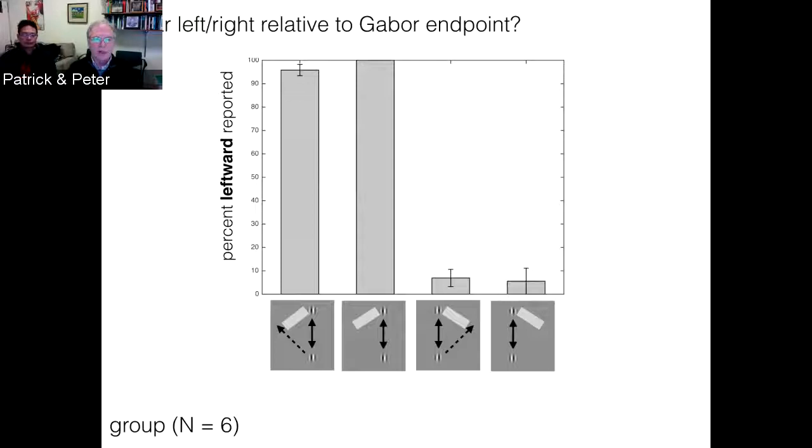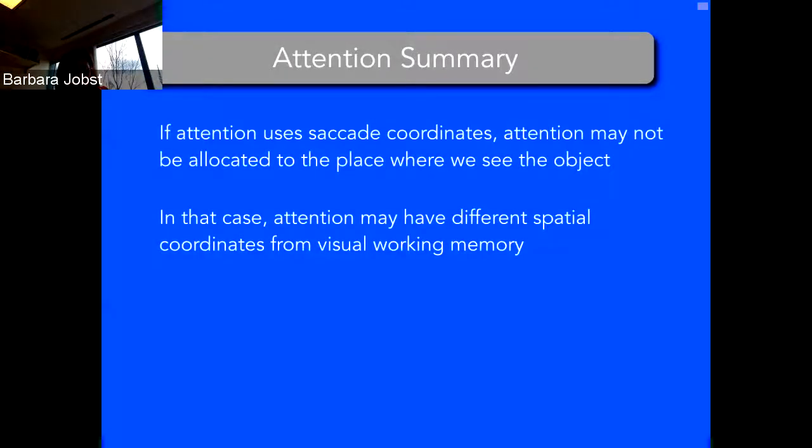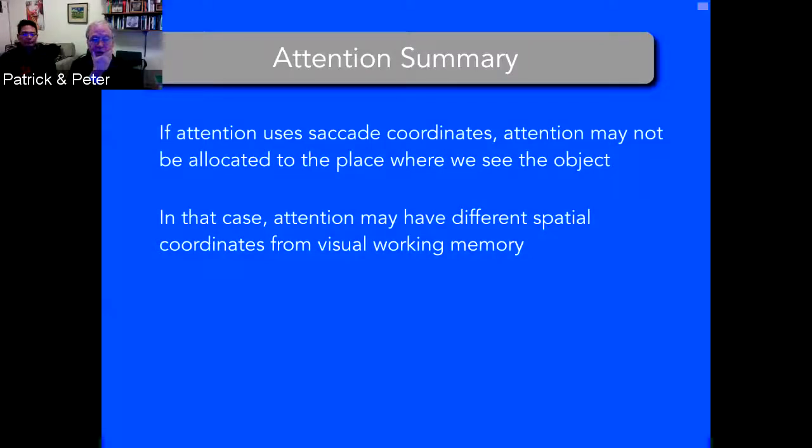And basically, there's no difference. Anyways, we have another set of data that also show that the test location isn't affected by the illusion. Okay, so that's the summary. I can show you some of those other data if you ask later.